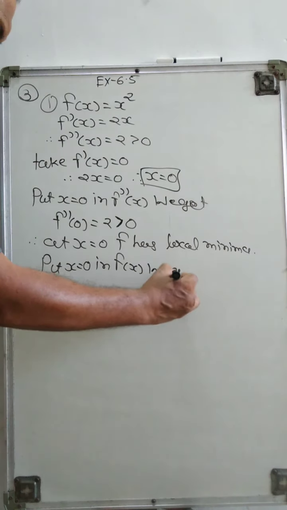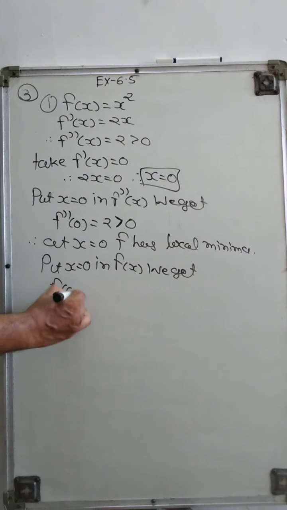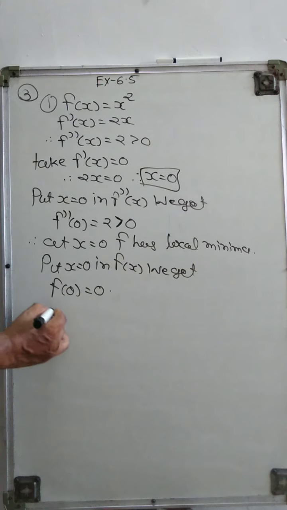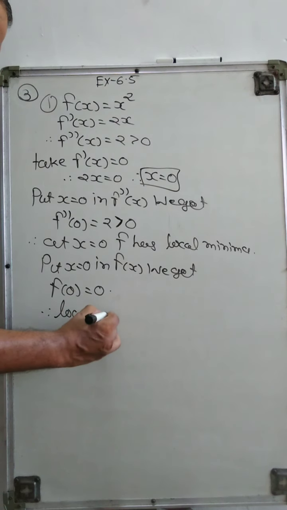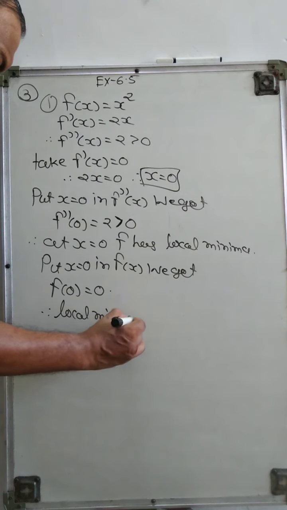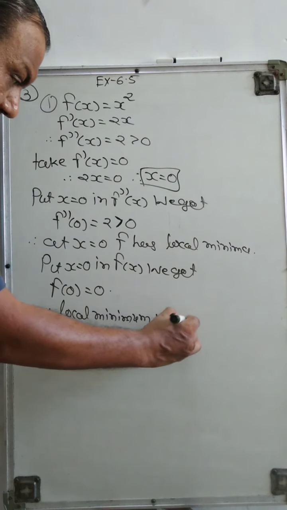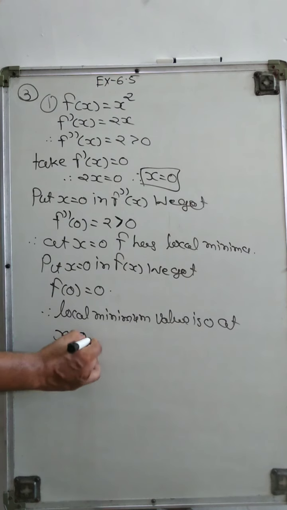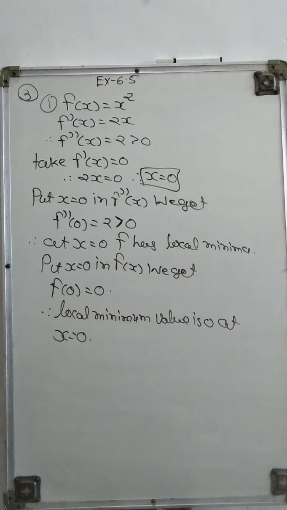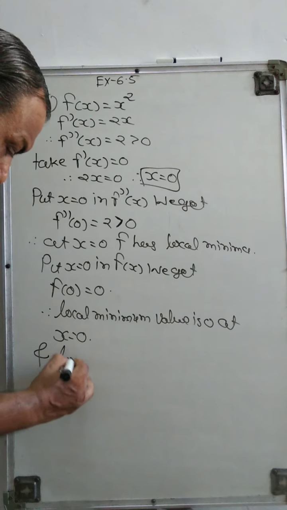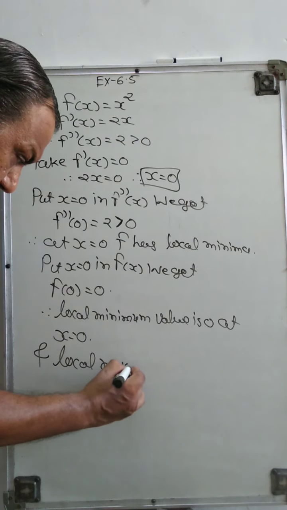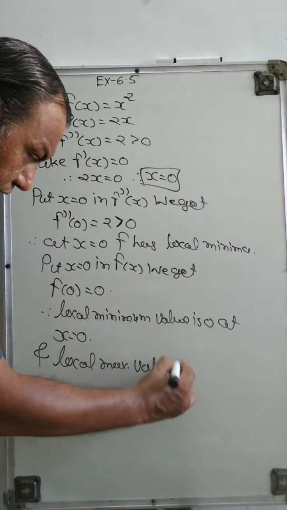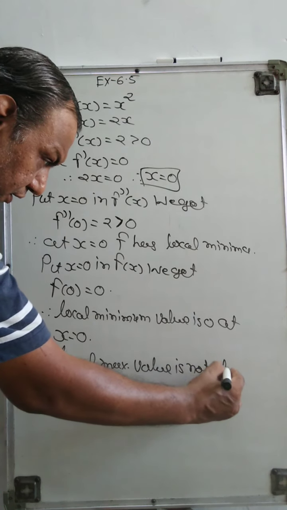We get f(0) is equal to 0. Therefore the local minimum value is 0 at x equal to 0, right? So at x equal to 0, the local minimum value is 0 and the local maximum value is not obtained.